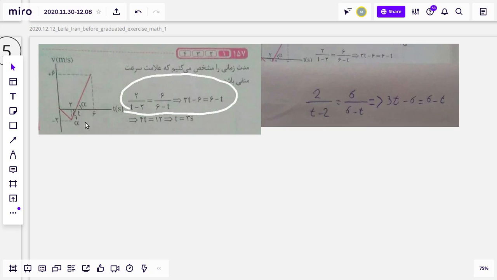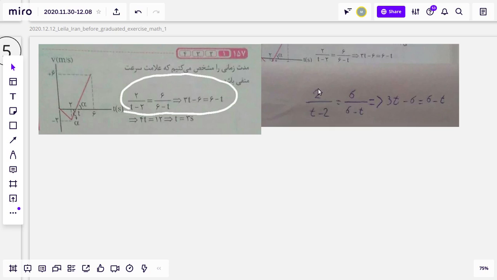In Russian school we have a general method to solve this problem, but in Iranian school there is another technique, and now I'd like to explain this expression.